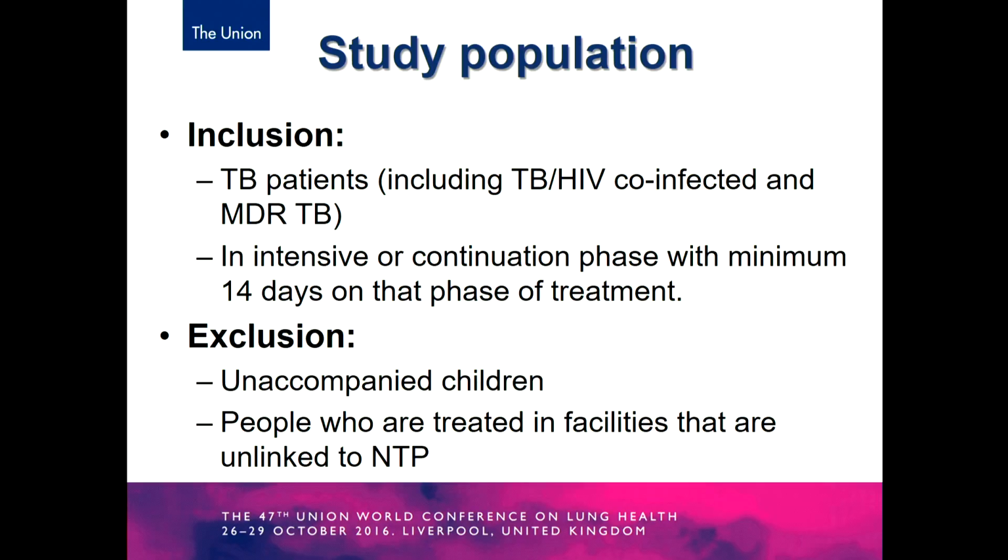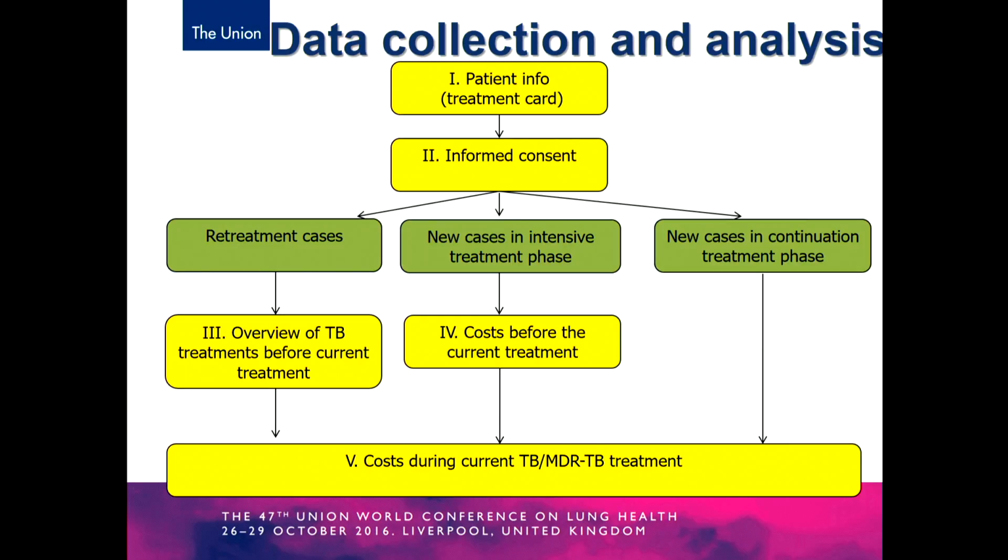We exclude unaccompanied children and people who are treated in facilities outside NTP. So it is different from Myanmar. They also include the private sector, but we have no private sector. And we follow the same data collection flow and methods.